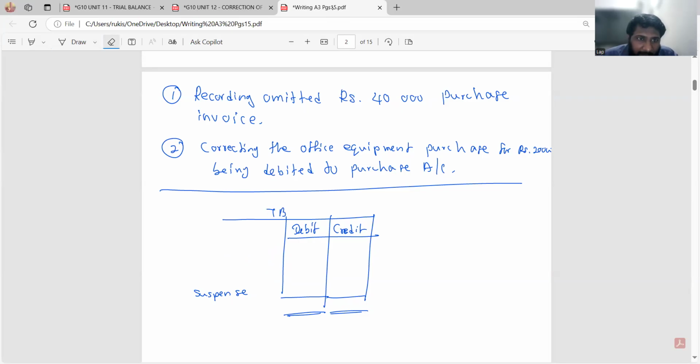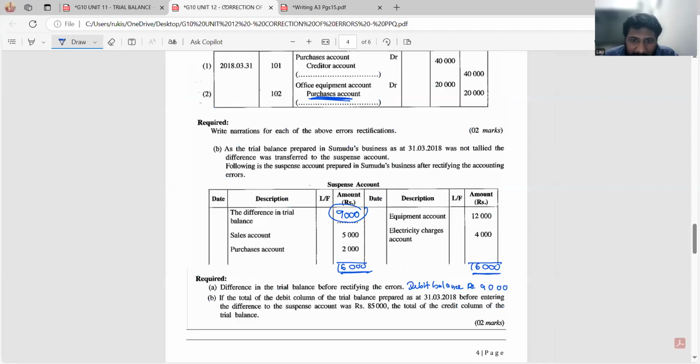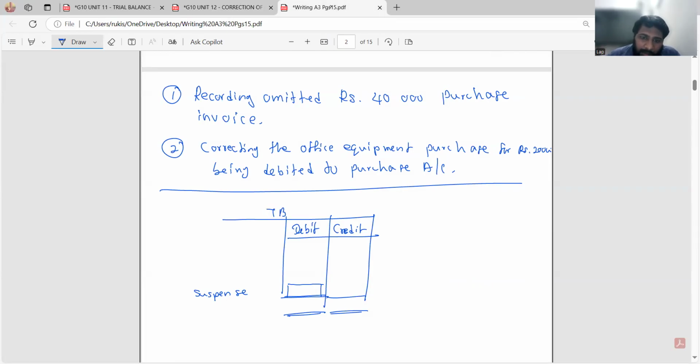Before writing the value for suspense, now here suspense is there, on the debit side, 9,000. So before writing the value in the suspense, here you had a total of 85,000.